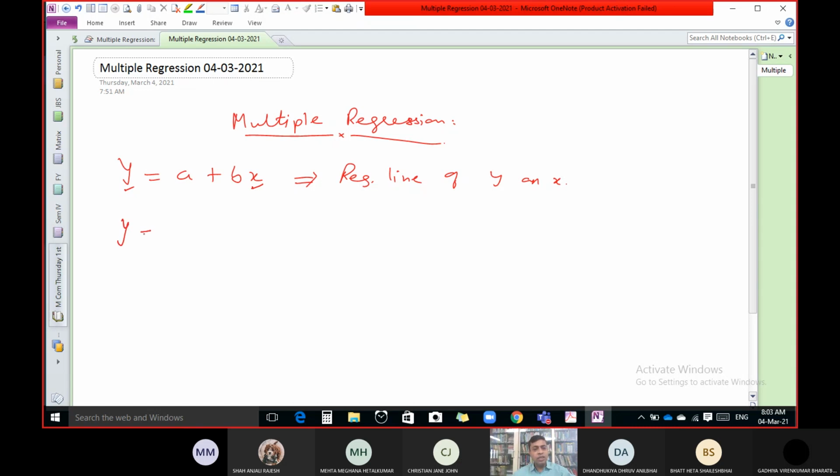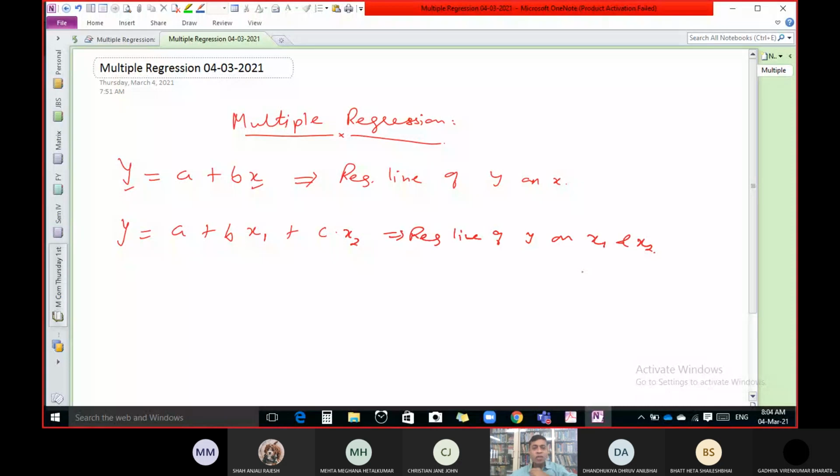So according to our syllabus, let us consider this regression line for three variables: y equal to a plus bx plus cz. You can write like this, but instead of z, it's better to write x1 and x2. So this is the regression line of y on x1 and x2.